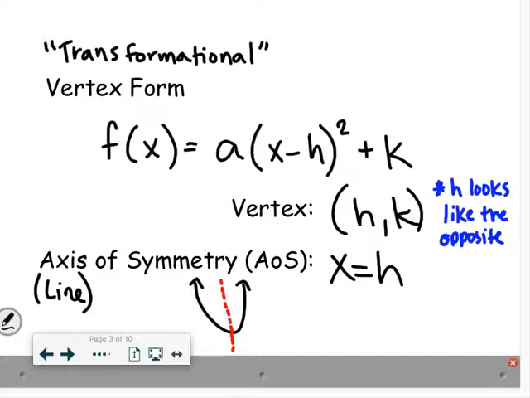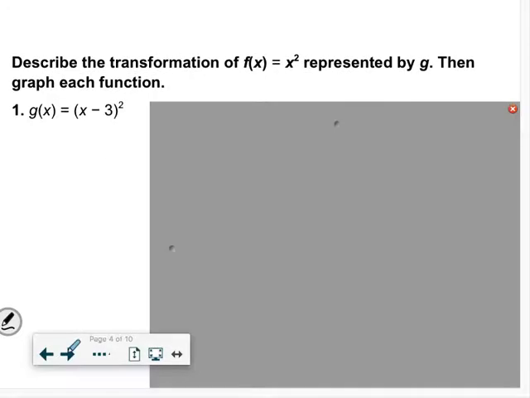You'll get to sideways parabolas in pre-calculus when you cover conic sections. And would the axis of symmetry still be... Then the axis of symmetry would be y equals. Okay. Yeah. Okay. Excellent.